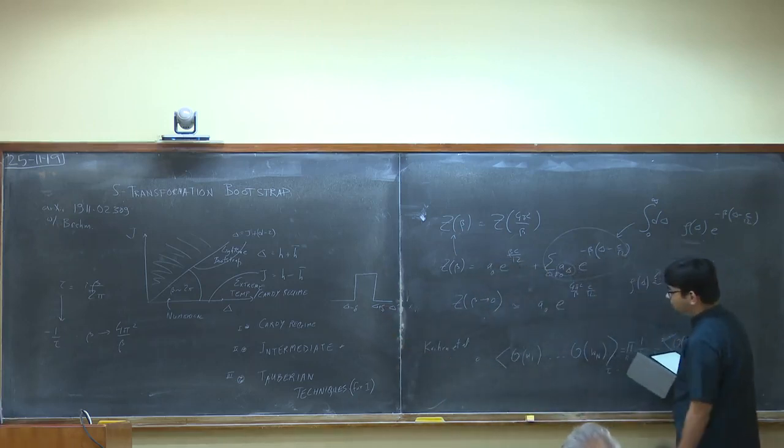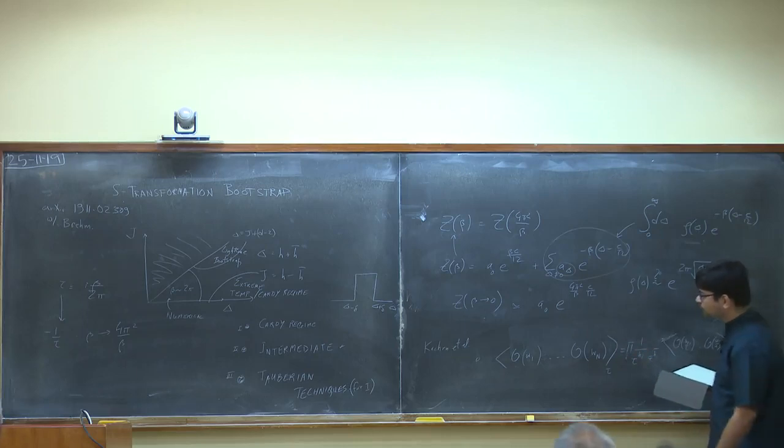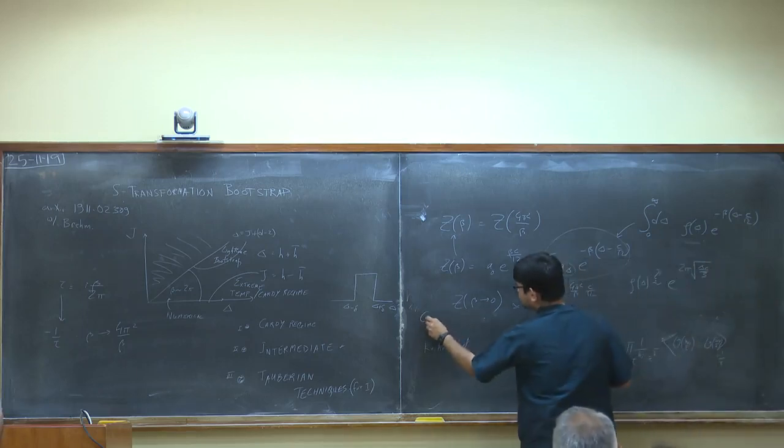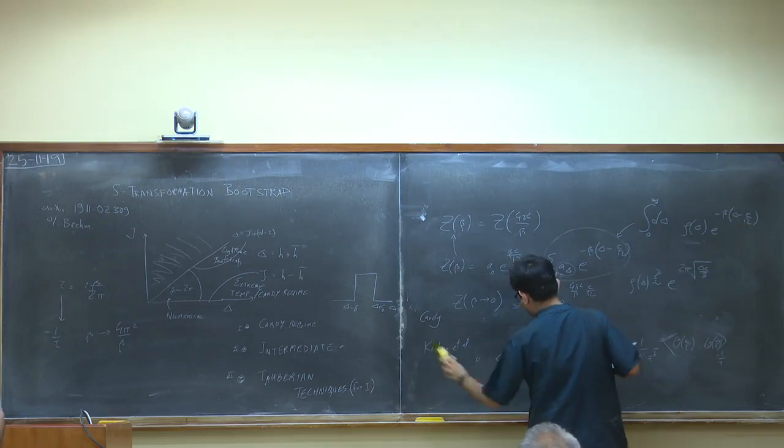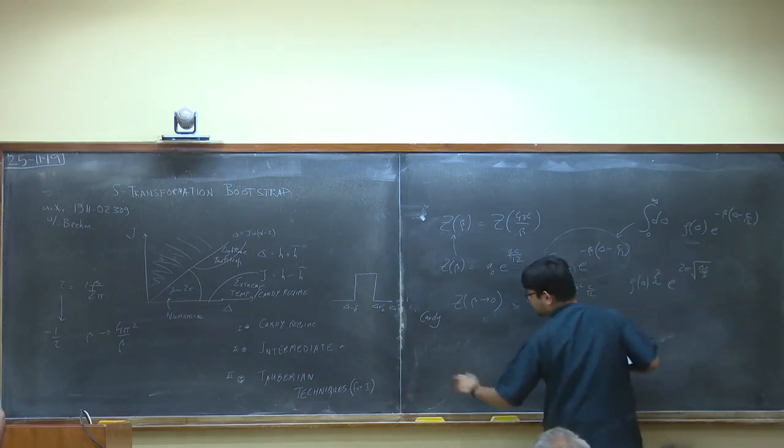Okay, and then one can play the same game also using modular covariance properties of the torus correlators, and this was done, for example, by Kraus and Maloney.